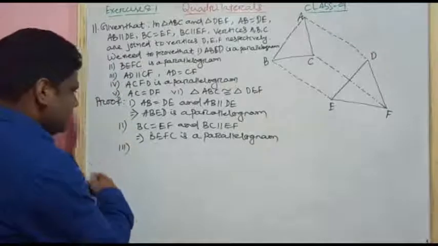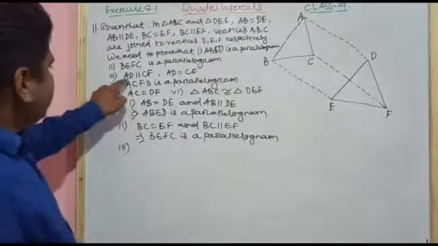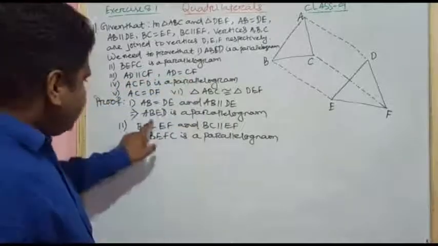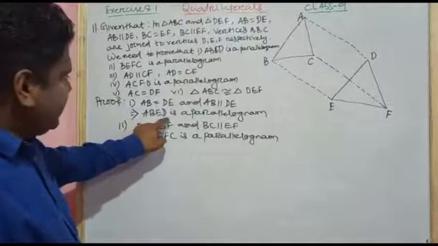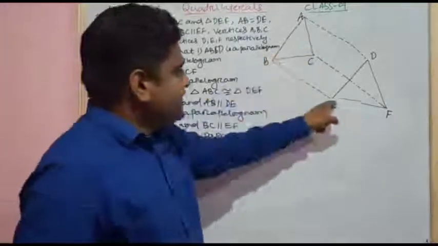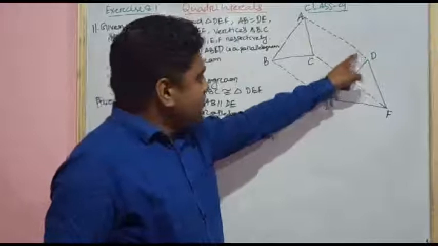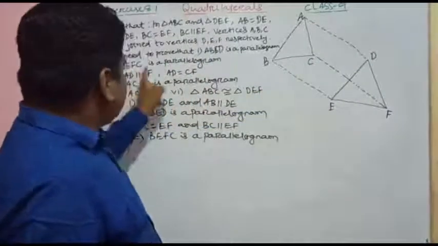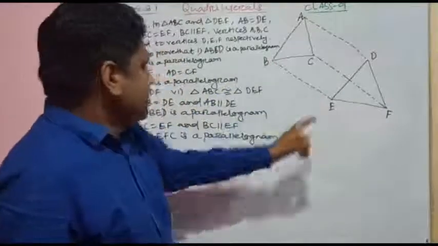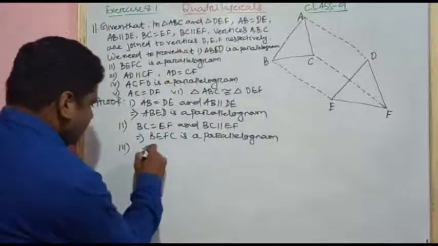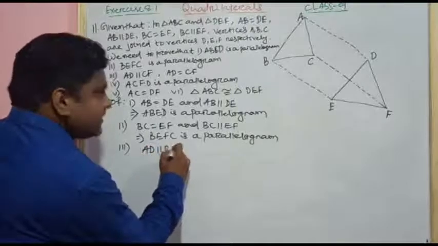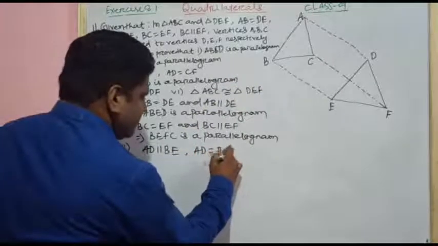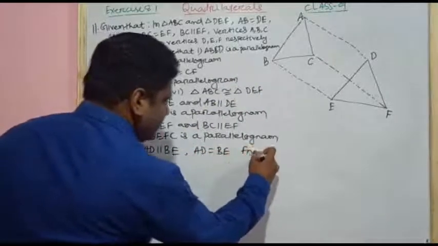Let's see the third bit. In third bit, we have to prove AD is parallel to CF and AD equal to CF. In the first bit, we have proved ABED is a parallelogram. So we can write AD is equal to BE and AD is parallel to BE, from first bit.